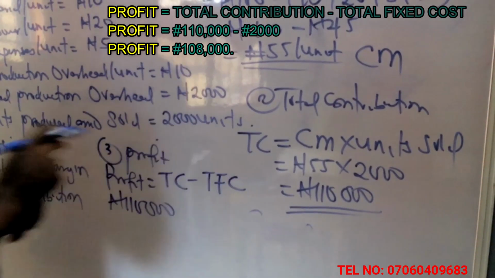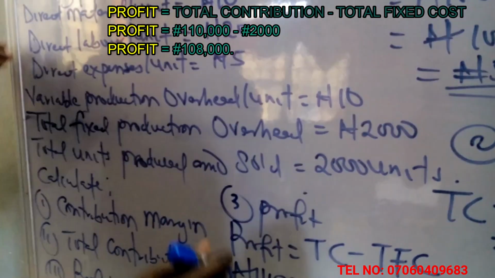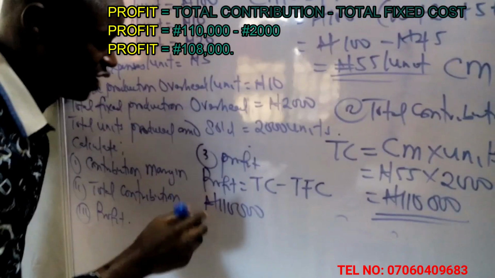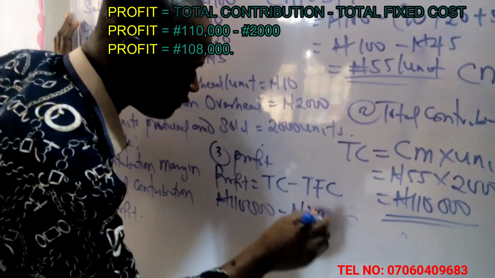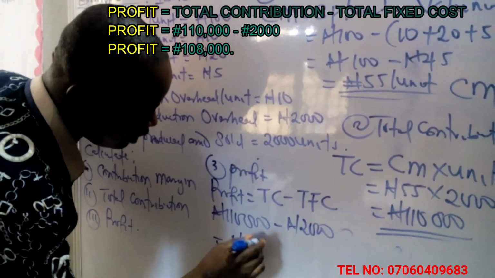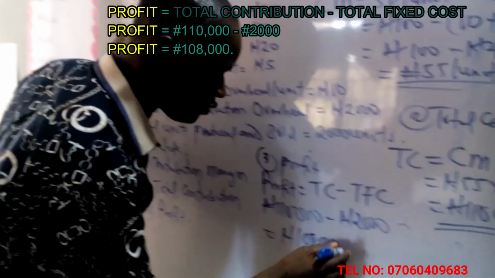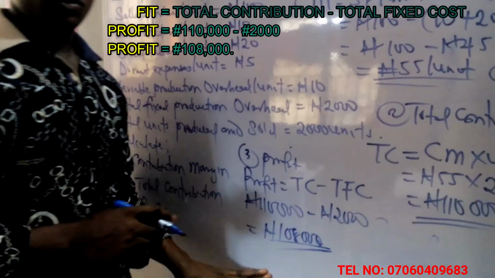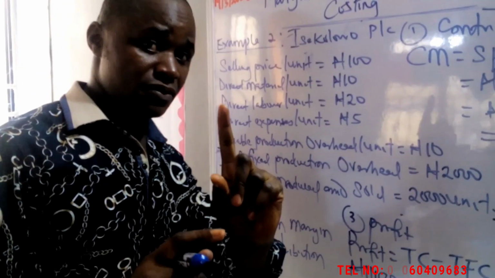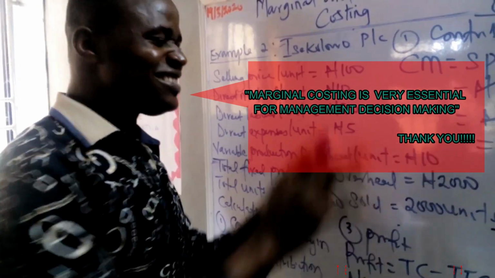And in the question, we were told that the total fixed production overhead for the period is 2,000. Therefore, that will be 110,000 minus 2,000, which gives us 108,000 as our total profit. Hope it is clear. You must also get this basic link that marginal costing is very essential for management decision making.